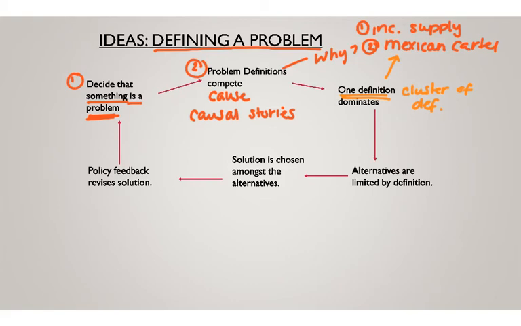And I found that the narrative that dominated was a more health-oriented narrative that defined the cause of the problem partially as the increased supply of prescription drugs, and the other part was due to lack of access to substance use disorder treatment. So that cluster, that medical model or health-oriented model, was the cluster of narratives that dominated.